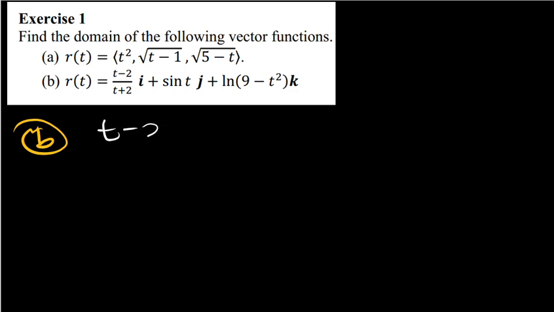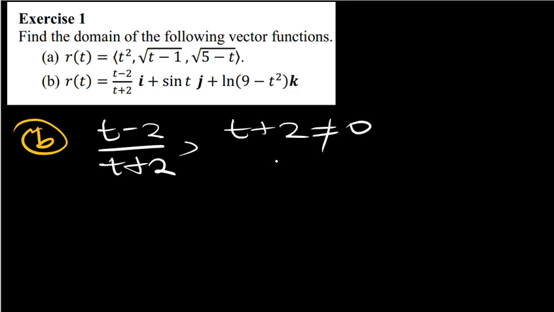So the first component function is t minus 2 over t plus 2. And we know that this function is defined if t plus 2 is not equal to 0. This implies t can never be equal to negative 2. So the first function is defined for all real numbers except negative 2. And then sine t.